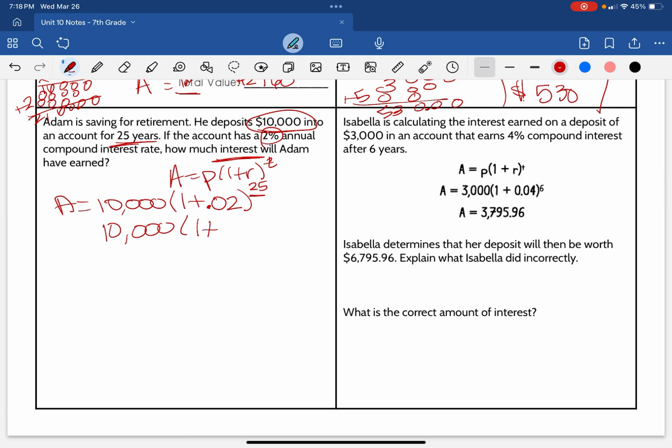times 1 plus, oh, sorry. 1.02 to the 25. Because this is 1.02 times 1.02 on and on until you get to 25. We're not going to go that far. Let's just say 5 years. So 1.02.